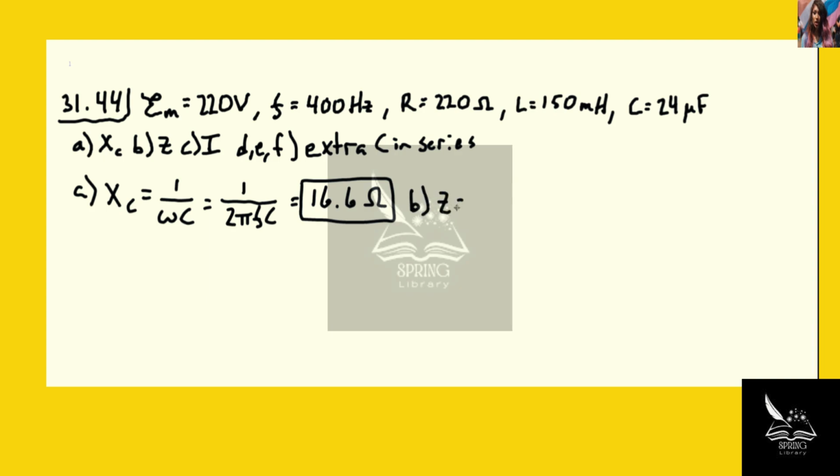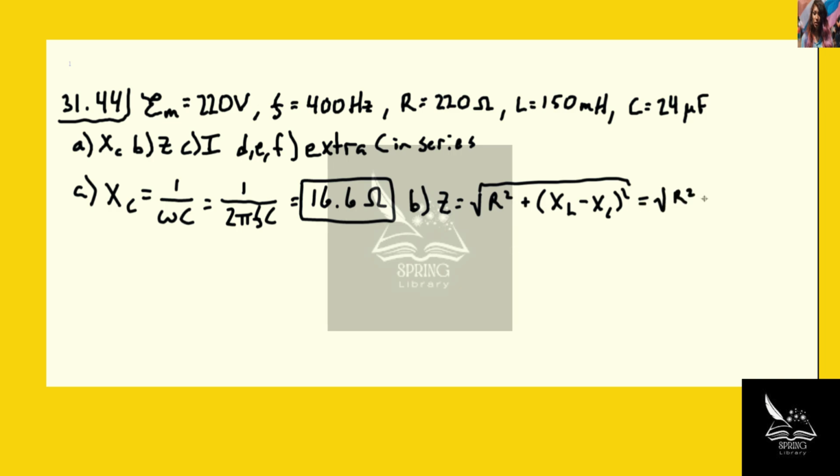So the impedance is going to be the square root of R squared plus the inductive minus the capacitive reactances squared. We already found the capacitive reactance, so we don't need to find that again.